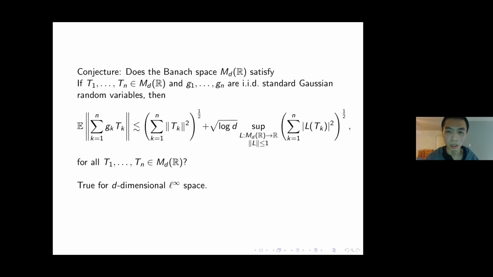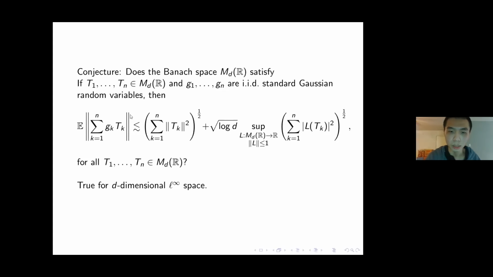And finally, that conjecture, if it is true, it will imply this conjecture in the Banach space setting. So this Banach space satisfies this. So this is like type 2. Without this thing, it's like type 2. But for type 2, the constant will be, I think, square root log d. But we don't want to put square root log d here, so we add this one.